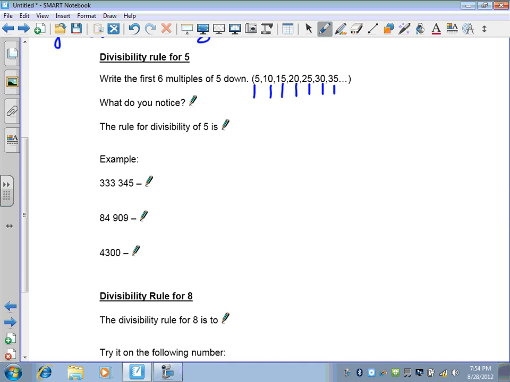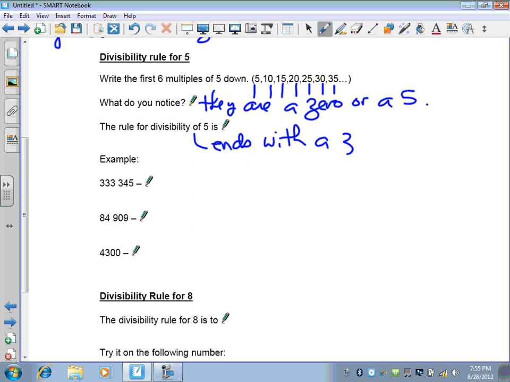Well, they are either a 0 or a 5. So your divisibility rule for 5 is they have to end with a 0 or 5. Great writing there.